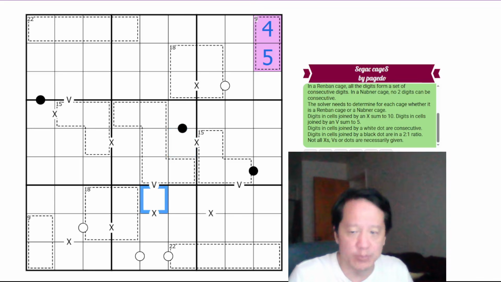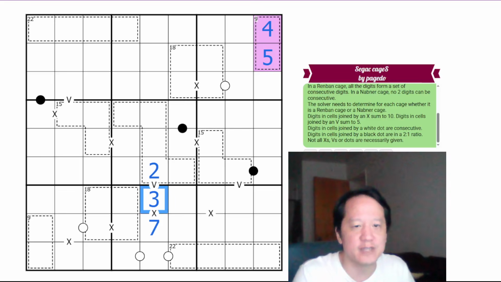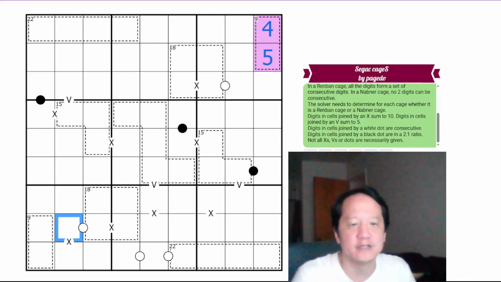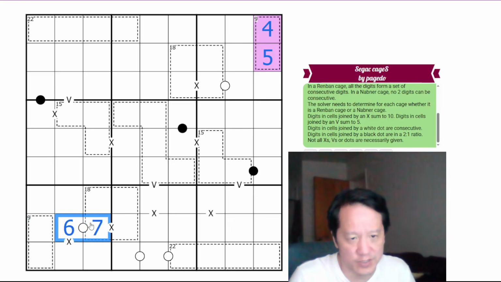So, for example, if this were a 3, this would have to be a 2 here because there's a V between them, and they must add up to 5. And this would have to be 7 because there's an X between these two cells, and therefore they must add up to 10. If we had a 6 here, this would have to be 5 or 7 to be consecutive with the 6, because there's a white dot between them.